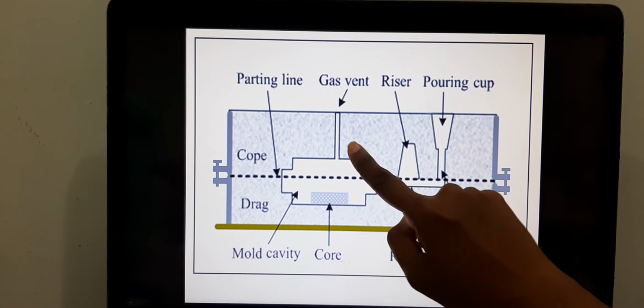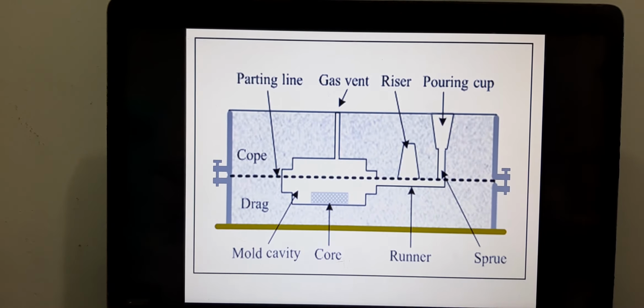When it fills up the cavity, we allow it to solidify. The biggest challenge is during the solidification process, because as you know, material either expands or shrinks upon cooling. The moment it starts to cool down, the material may expand or shrink.